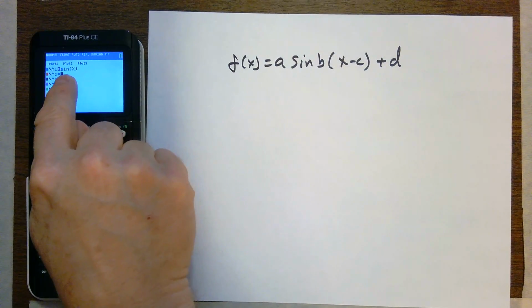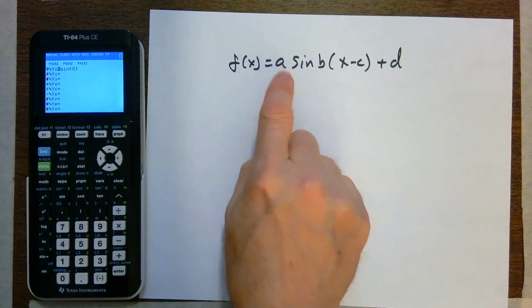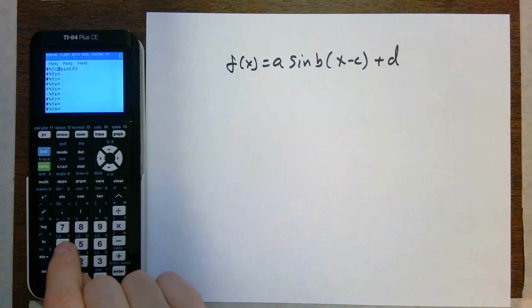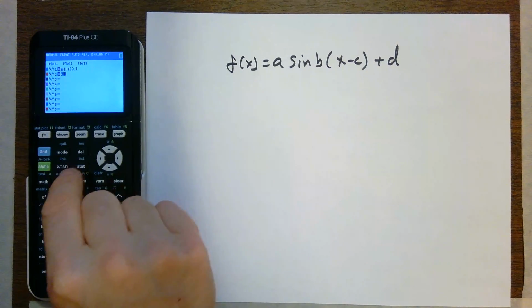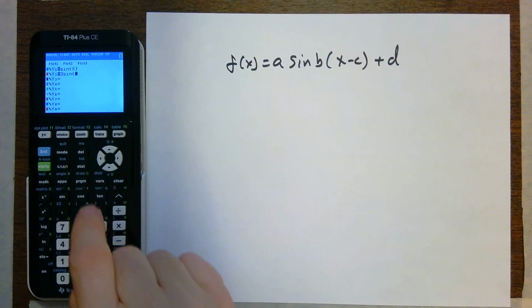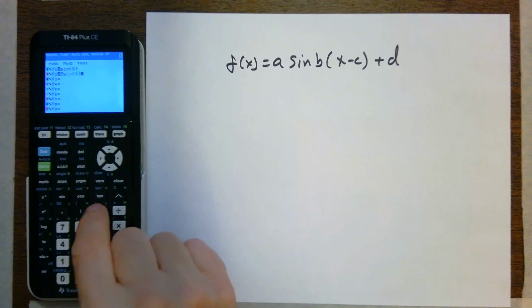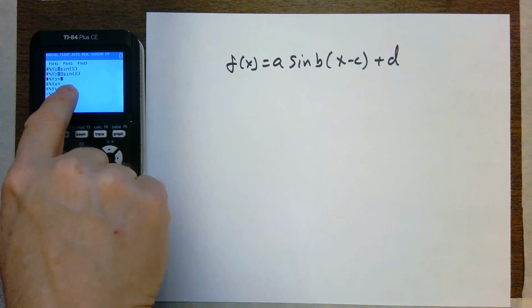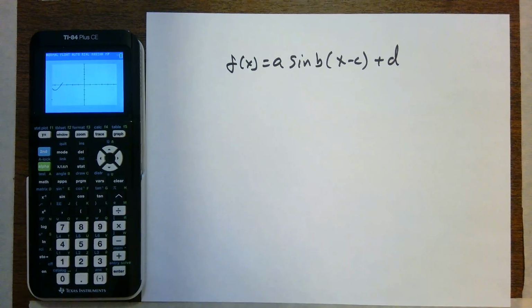I'm going to leave the sine of x, the parent function, in there, but I'm going to change my a value, and I'm going to make it 3 times the sine of x. So now I've got the sine of x and 3 times the sine of x. Here comes my parent function, good old sine of x, running back and forth. Here comes 3 times the sine of x.